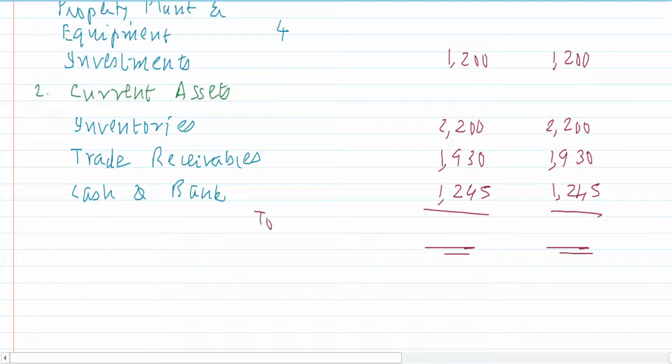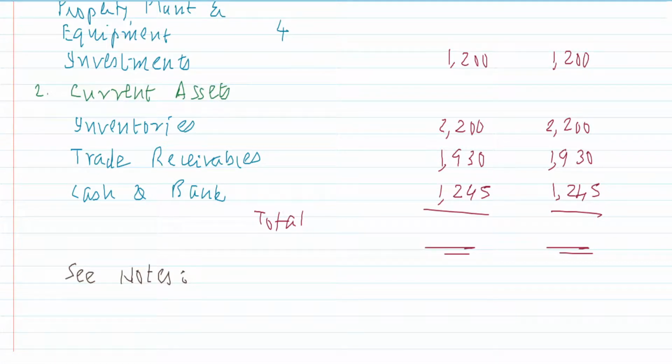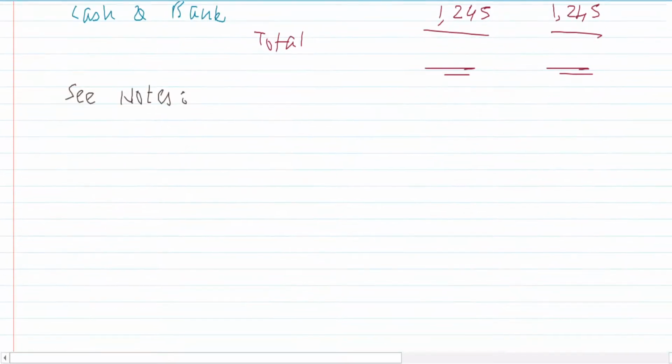Once again, the total. Yes, we say now see notes. So 4 notes are required, isn't it? Let's prepare the notes. Certain notes will be common for amalgamation in the nature of merger as well as purchase, while certain notes may be exclusive for one type of the amalgamation.